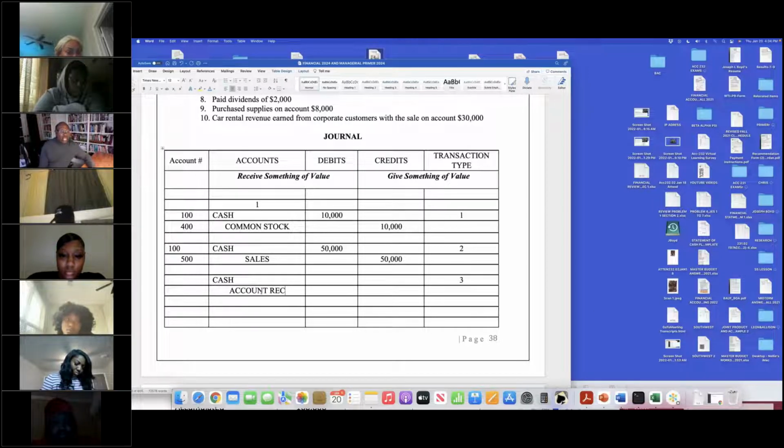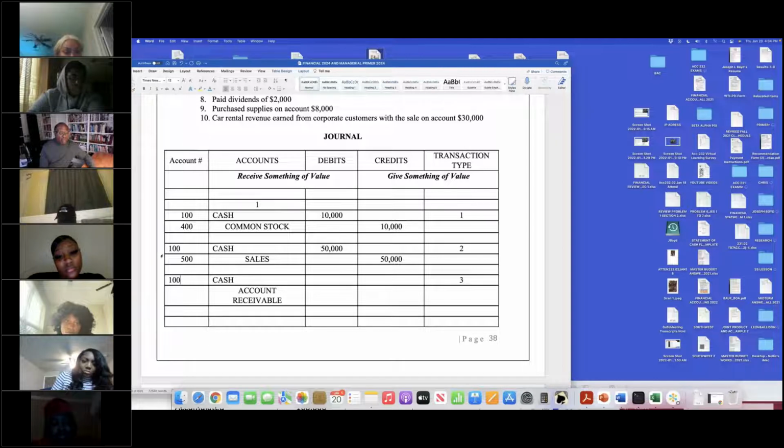What's the account number for cash? Still 100, correct? Yes. What's the account number for accounts receivable? 110. And our amount was how much? 20,000.